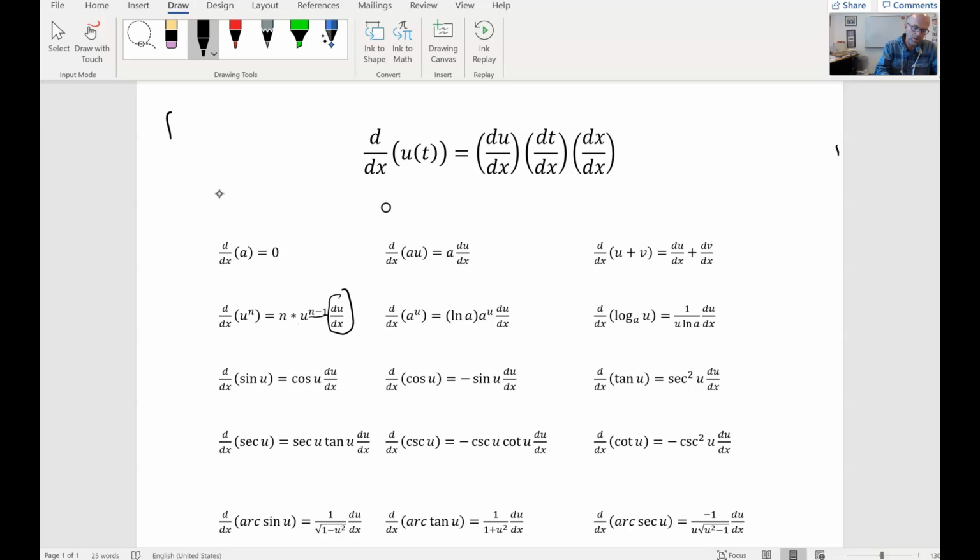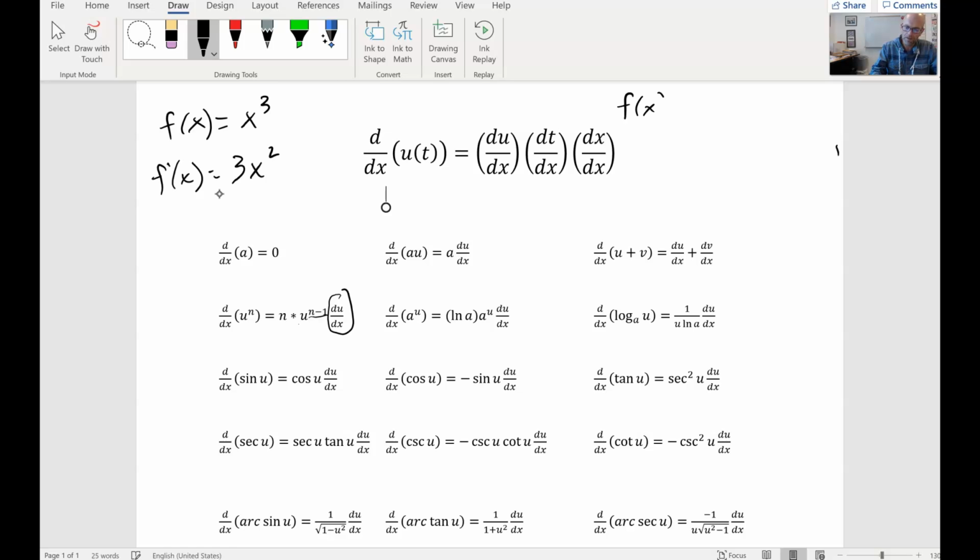So for example, if I have f of x is equal to x cubed, the derivative of that would be 3 times x squared, because I multiply by 3, drop the power by 1, times the derivative of x, which in this case would be 1, so it would really just be 3x squared.